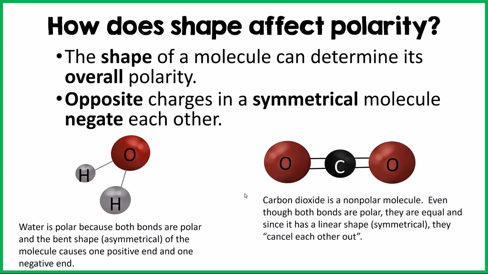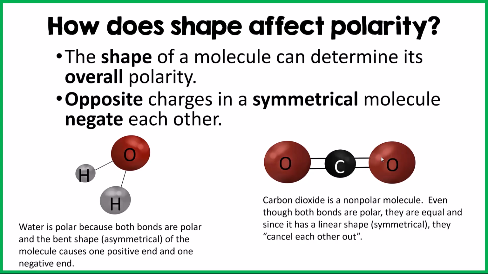Carbon dioxide, on the other hand, is a nonpolar molecule. Even though both bonds are polar, because oxygen is pulling more strongly on the electrons than carbon, technically we have a stronger pull of electrons towards this direction. They are equal because there's, again, electrons being pulled this direction from this bond.